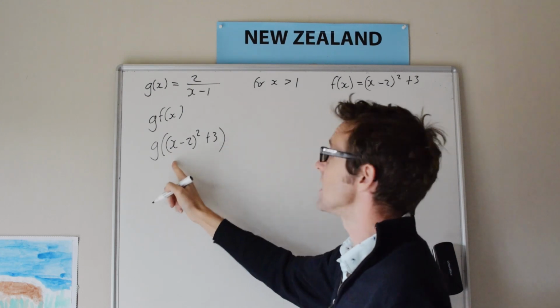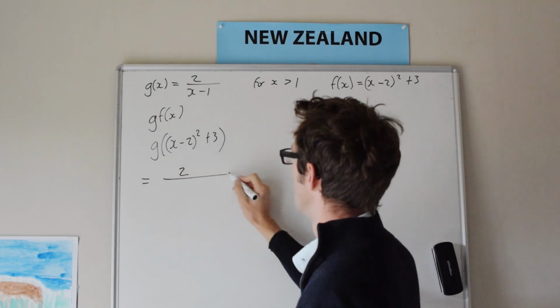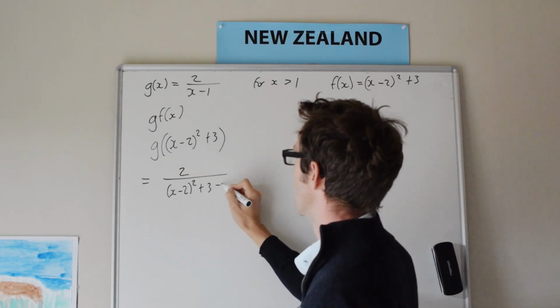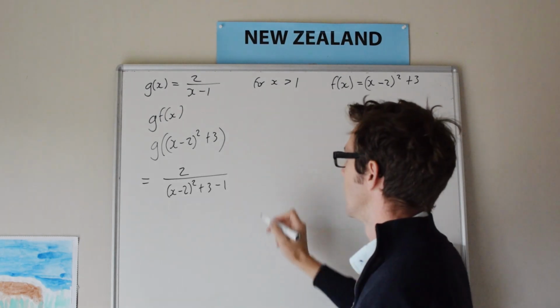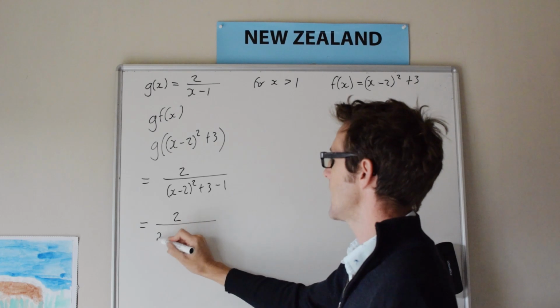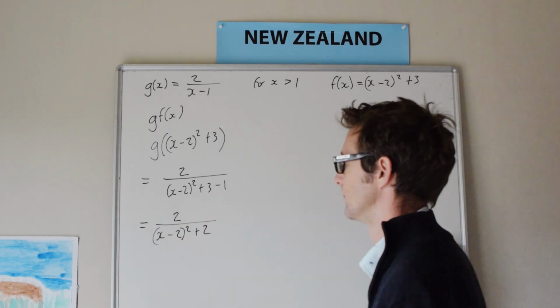That is going to become the x value here. So it will be 2 over x minus 2 all squared plus 3 minus 1. And we can say this is equal to 2 all over x minus 2 all squared plus 2.